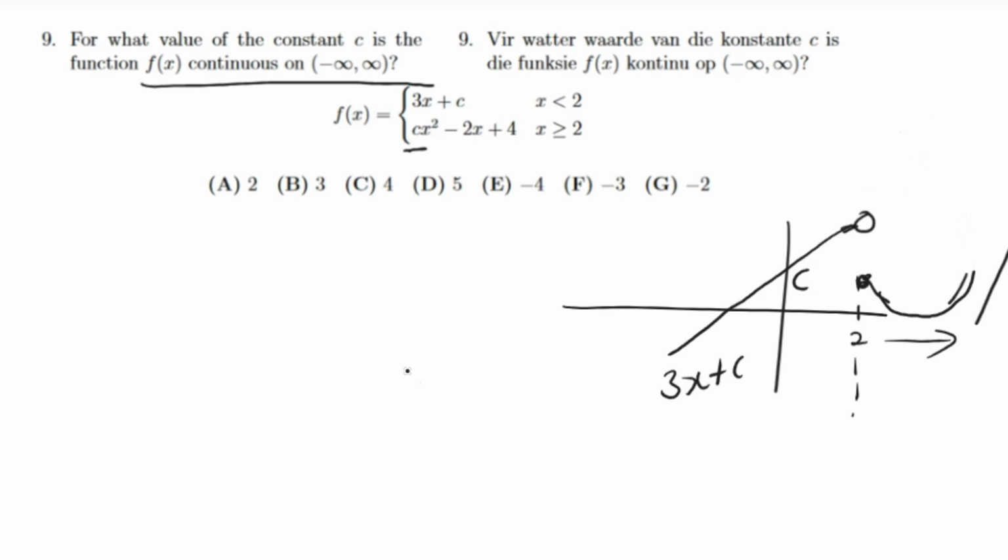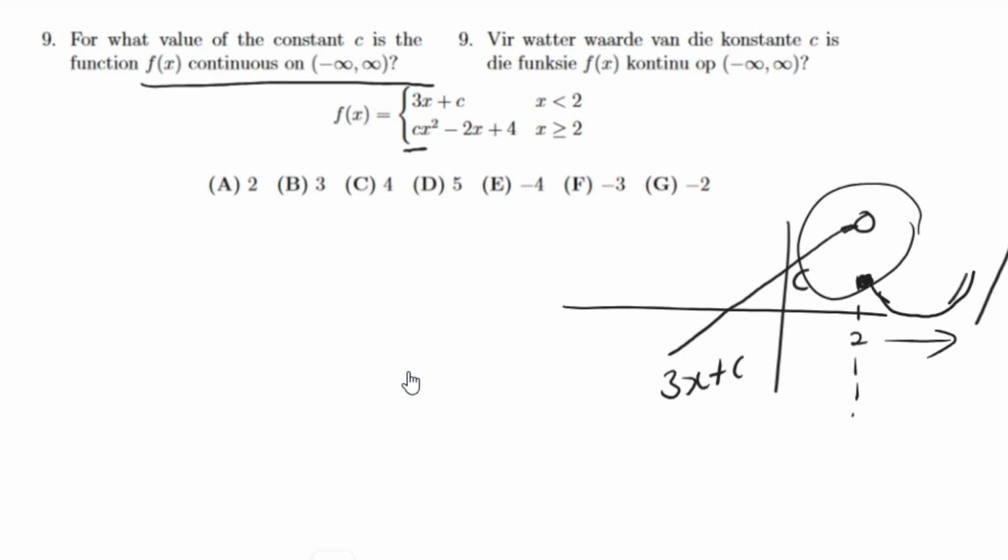The domain of this function has no restriction, it exists at 2. But the function itself is going to be discontinuous at 2 if we have a situation like this. So we want to avoid that.